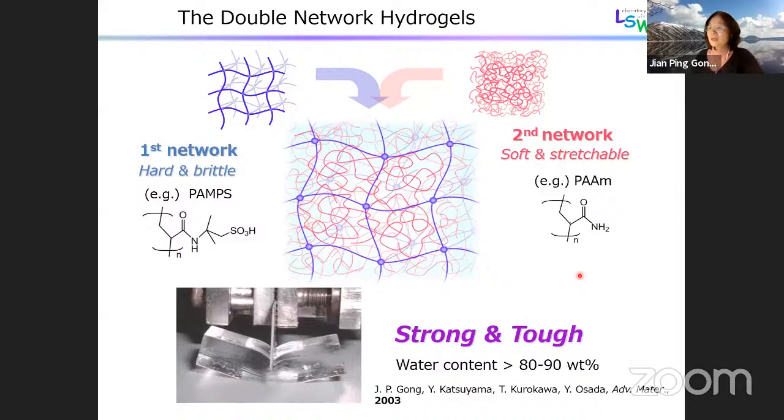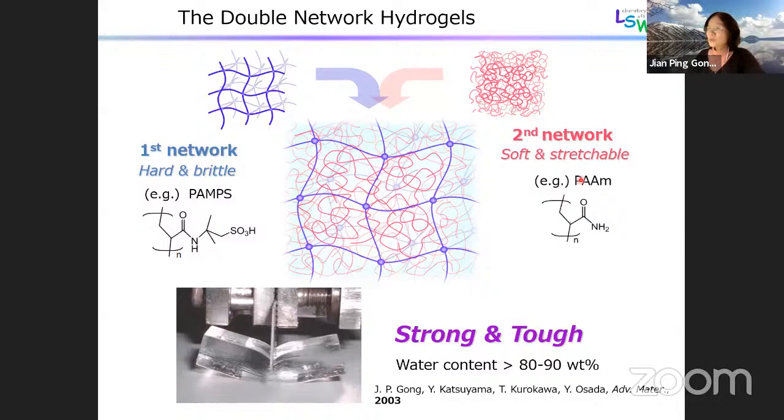Double network gels are interpenetrating polymer network gels with very contrasting network structures, with one network that is usually prepared from pre-structured chains. Usually we can use a polyelectrolyte, for example, in this case. And this polyelectrolyte network is highly crosslinked with short chains, but these chains are in a relatively pre-structured state.